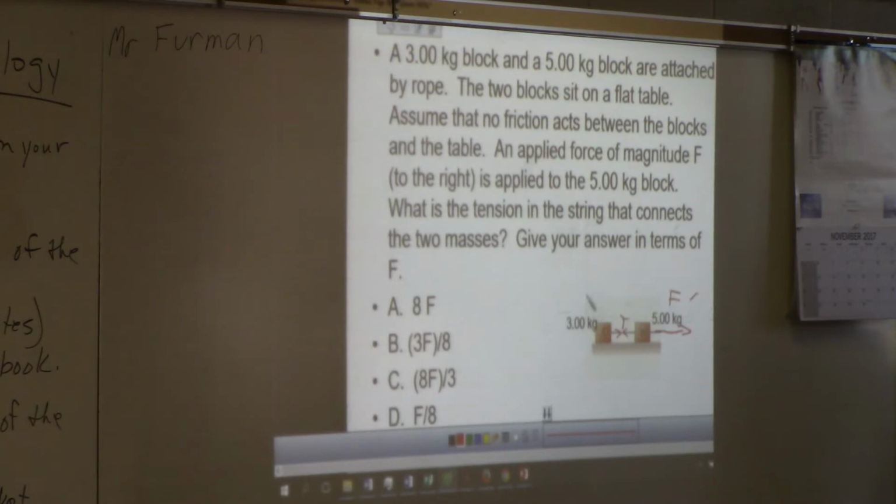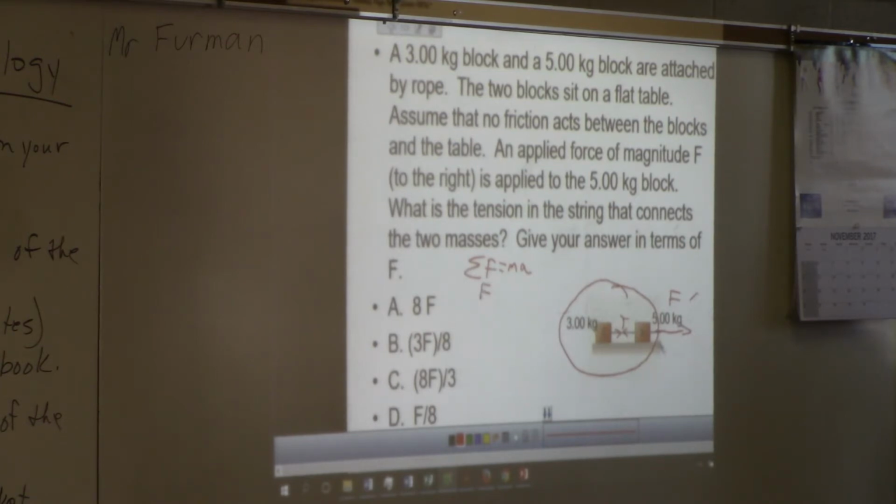A common technique when drawing a free body diagram is to define what your system is. From the point of view of this force F, it doesn't really care if it's attached to an 8 kilogram block or a 5 kilogram block plus a 3 kilogram block. It's pulling all 8 kilograms. So using Newton's second law, the sum of the forces is equal to the mass times acceleration.